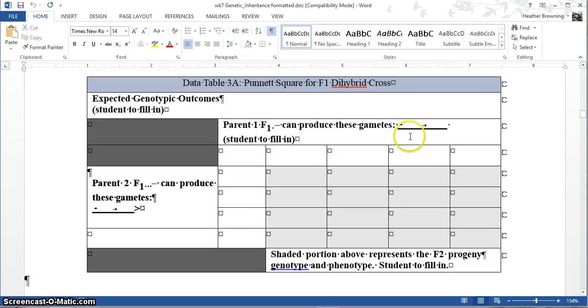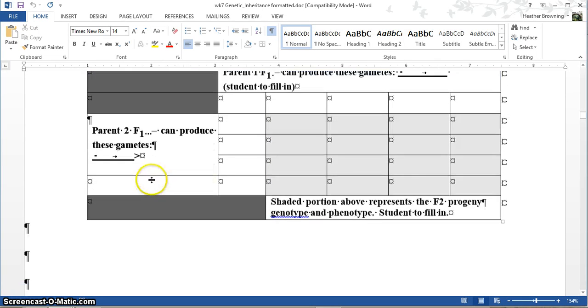Okay, so up here you'll put whatever you have, and down here you'll put on the other side. So the F1, what will the gametes be? F2, what will their gametes be, right? And then you can say, like, big G over here, little g, little g. Or PS, whatever makes you happy, right?